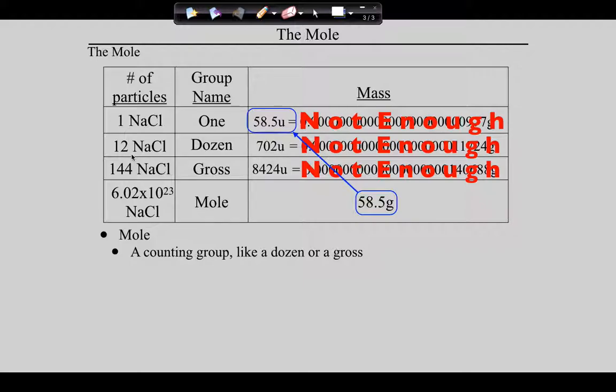But you could have a mole of eggs. You can have a mole of anything. It's just 602 septillion. The magic of that number, 602 septillion, is it allows you to convert masses directly from atomic mass units to grams. Isn't that crazy? Thank goodness for smart people.